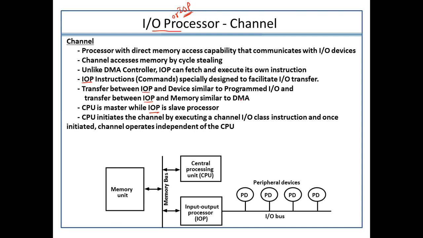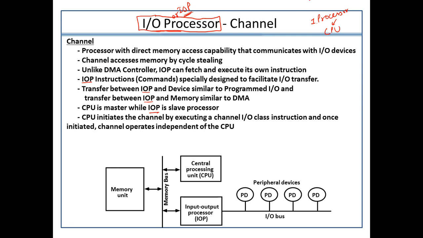The point is that before this lecture, or before understanding the topic of input output organization, we were aware of only one kind of processor, and that processor was the CPU. But now we have defined another processor, which we are calling the input output processor.